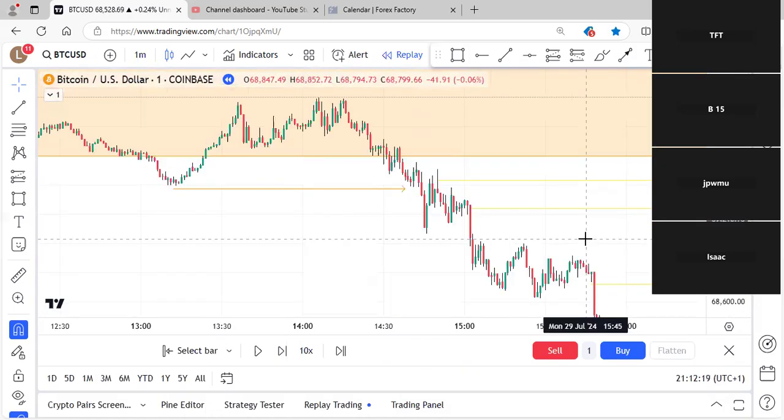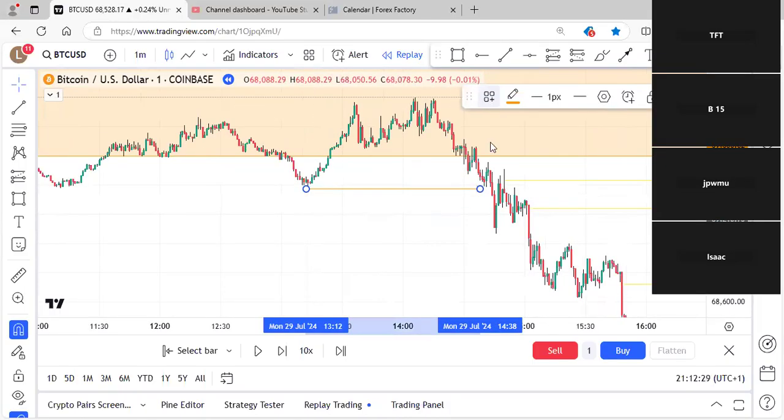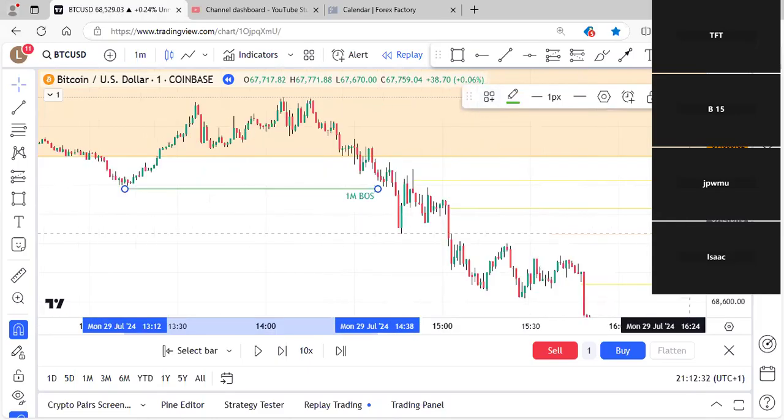It could have taken all the targets for the sell already. So it might have moved on to its next objective. But obviously this is where I had my 1 minute break of structure marked. It just didn't seem to come back.